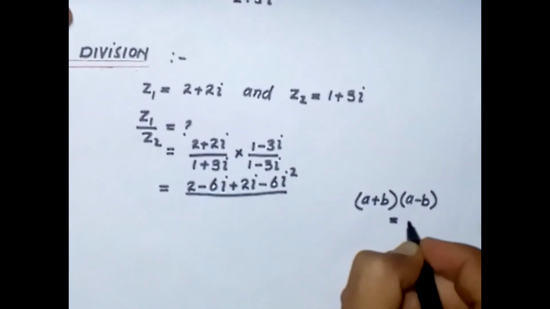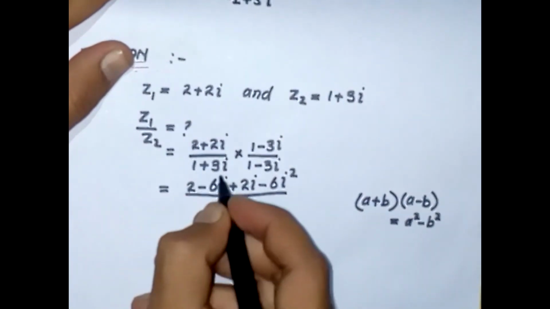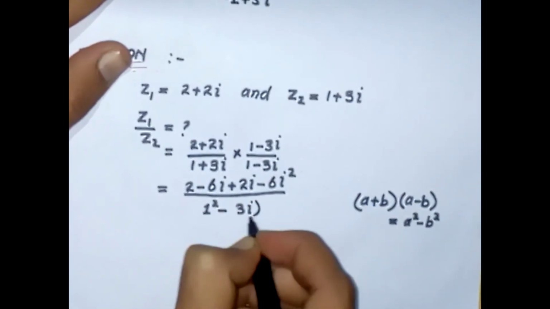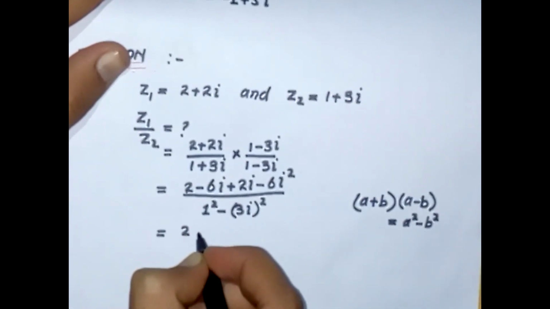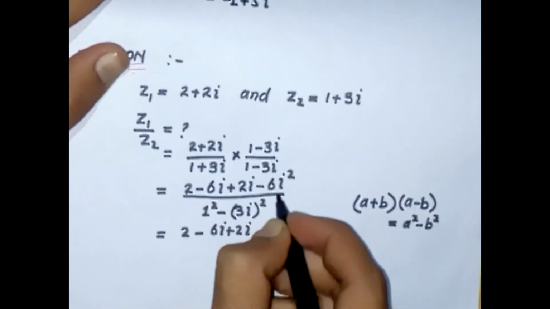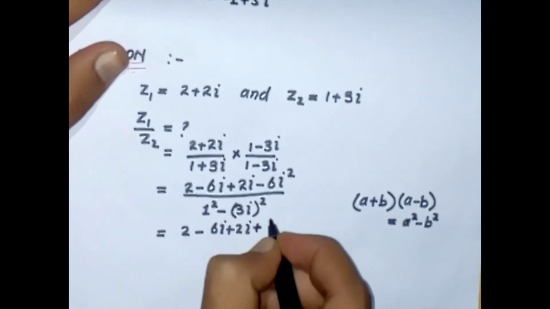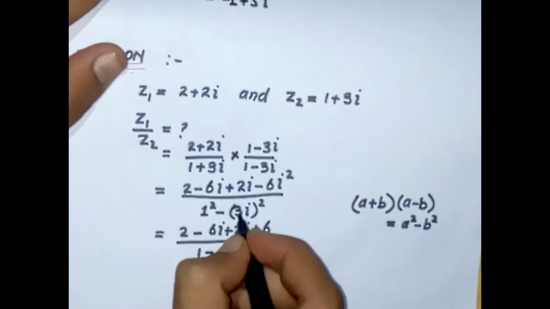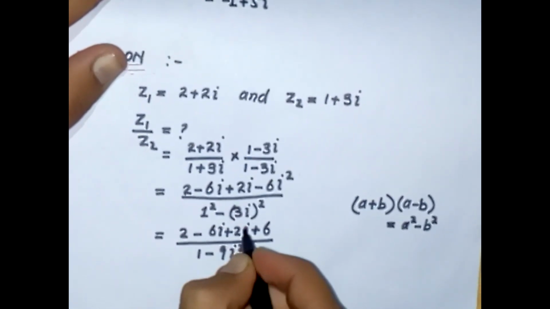The result of this is a square minus b square. So this will become 1 square minus 3i square. Minus 6i plus 2i, i square is equal to minus 1, and minus into minus gives plus 6. 3 square gives 9i square.